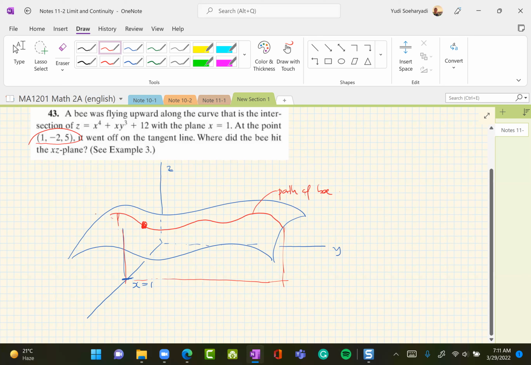So for example, the bee is flying in this direction, and suddenly here it goes off the curve along the tangent line.